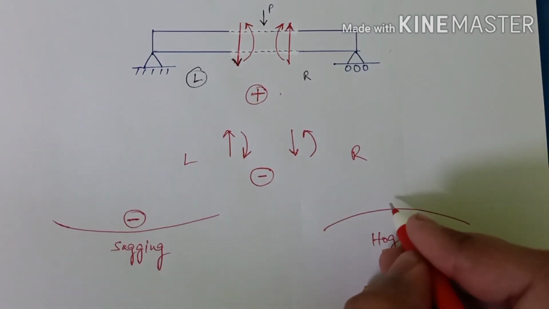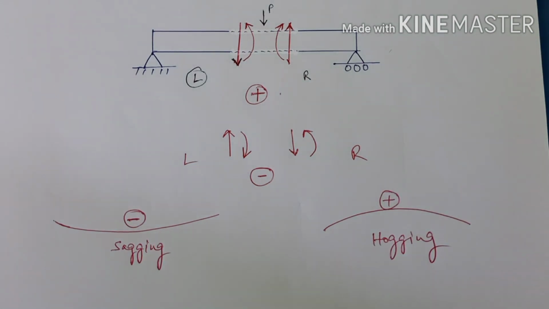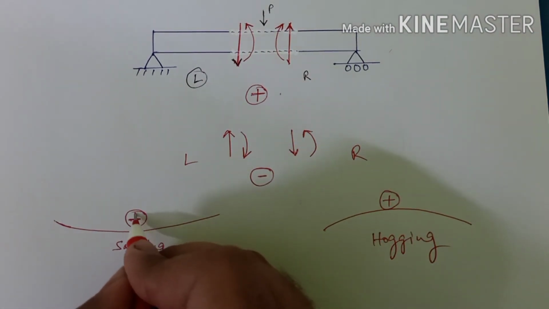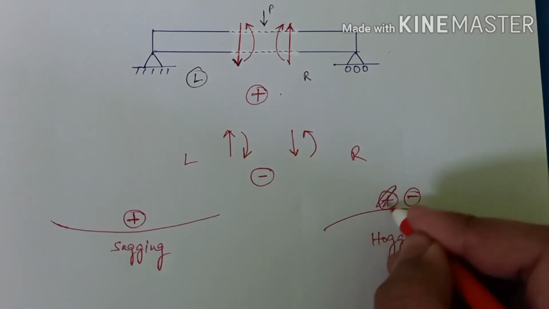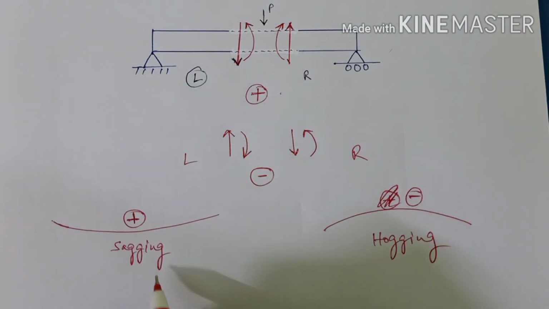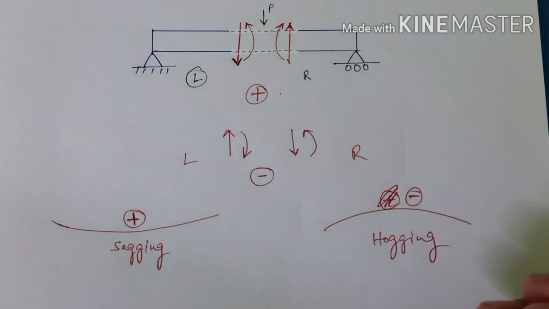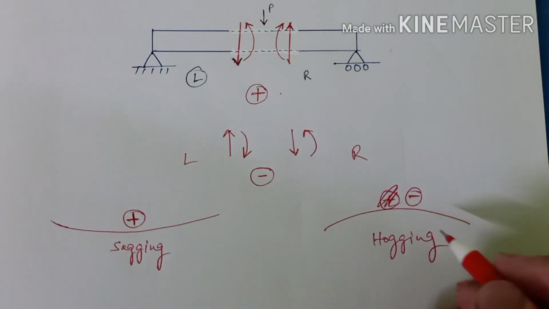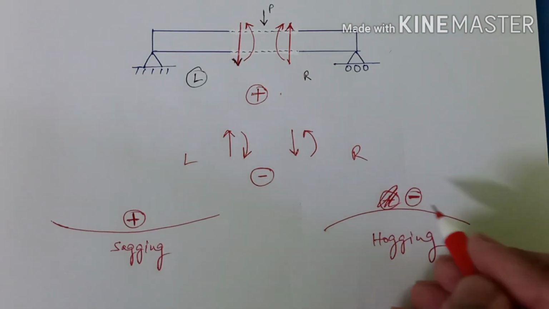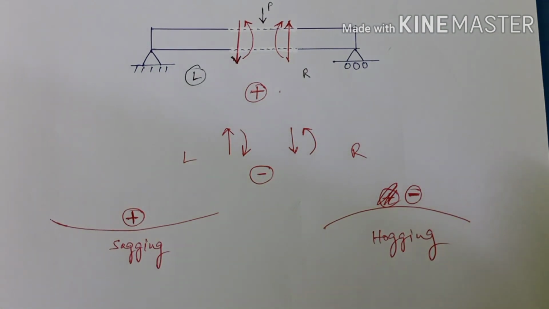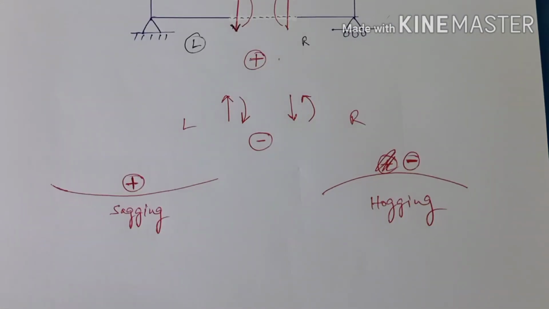In the case of sagging, we will have a positive sign convention, and in the case of hogging, we will have a negative sign convention. The concepts of sign convention will become very crystal clear in the next video, where I'll be demonstrating this with the help of an example, right?